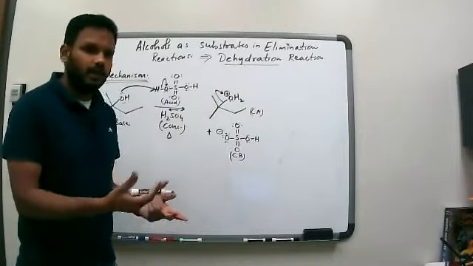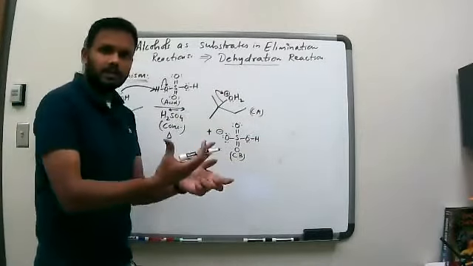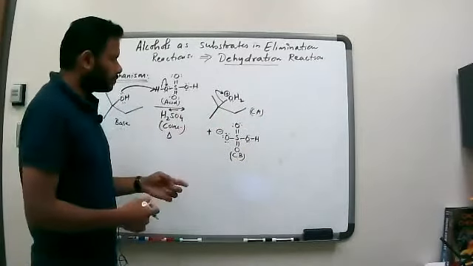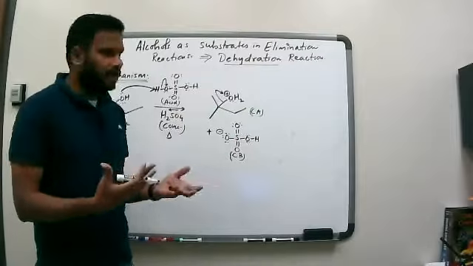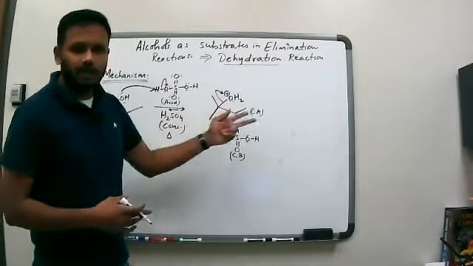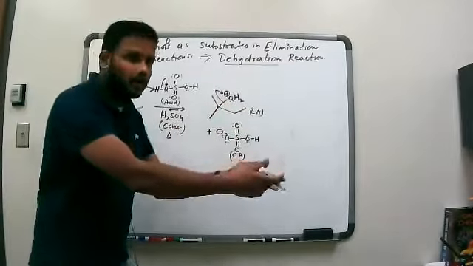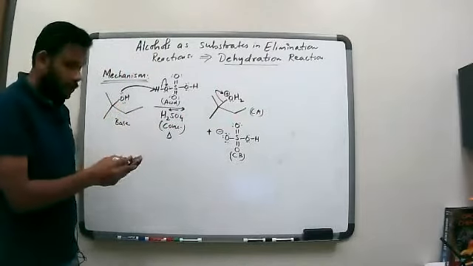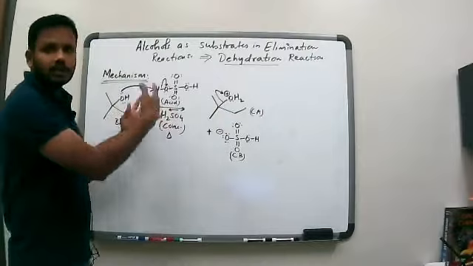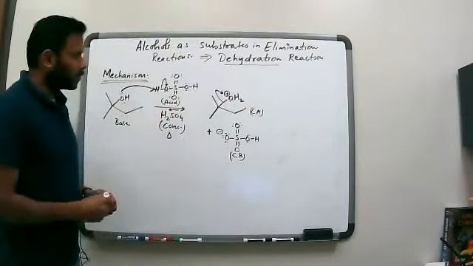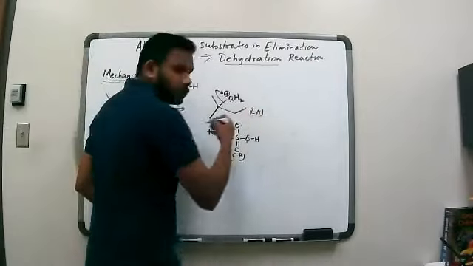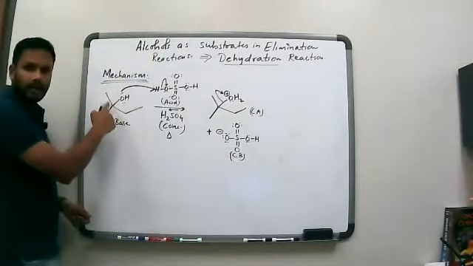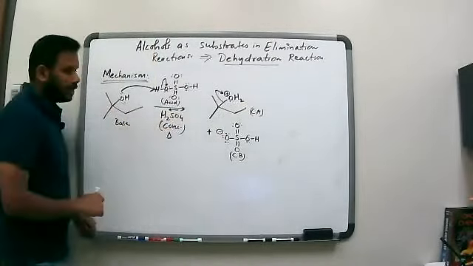Water is going to be coming out, which is a stable molecule. We could compare water to the hydroxide that would have come out in the first case. Comparing those two, water is definitely very stable compared to the hydroxide. So water is produced, and therefore this step is favorable. Now we've converted our bad leaving group into a good leaving group.